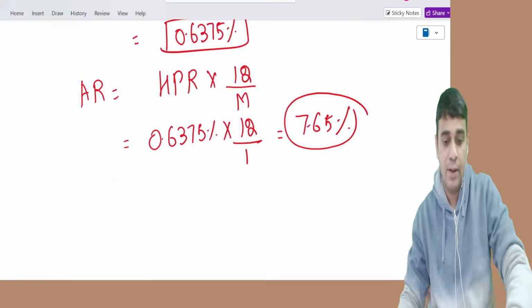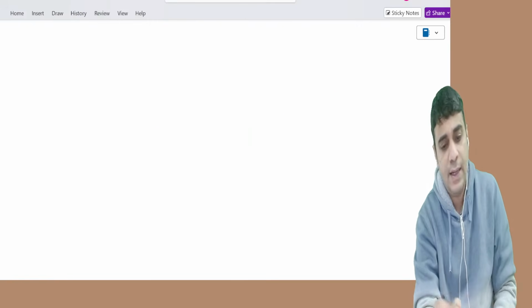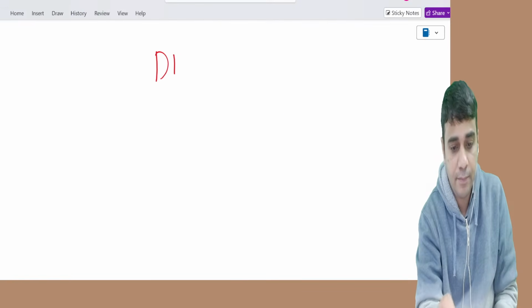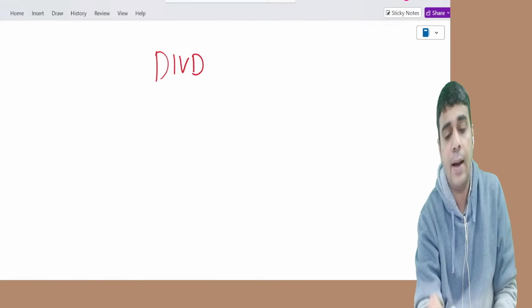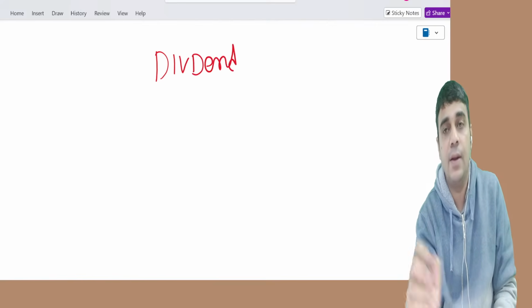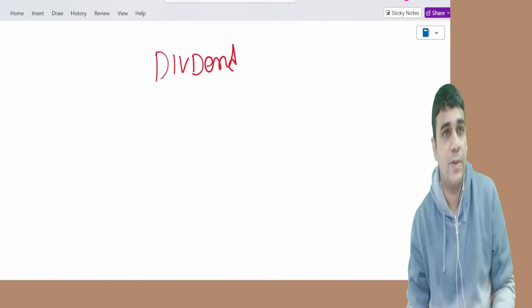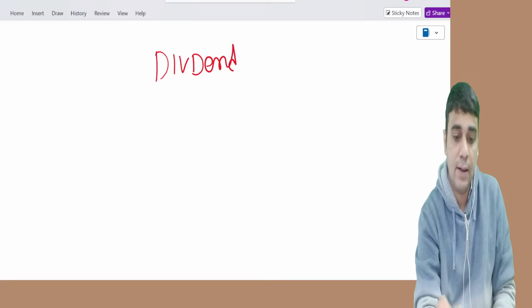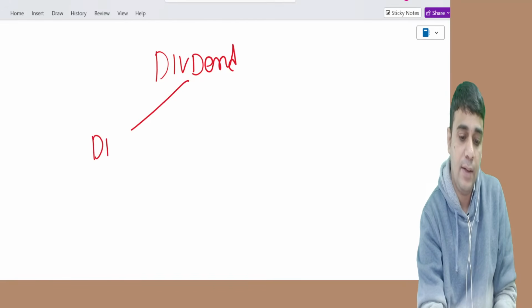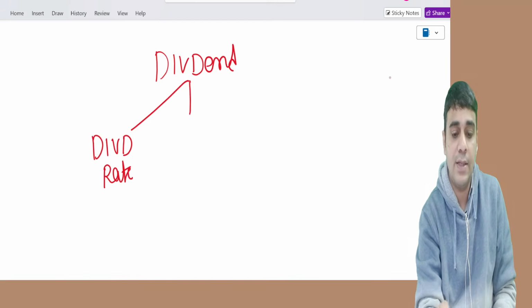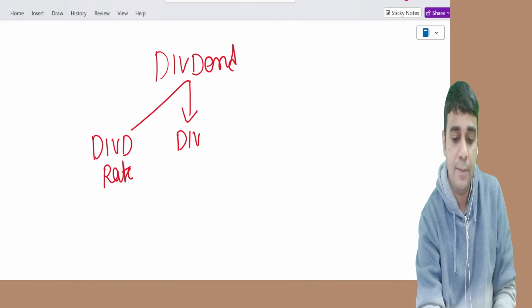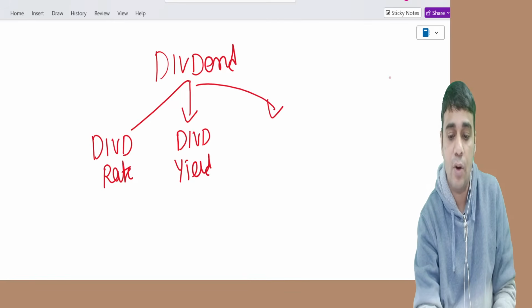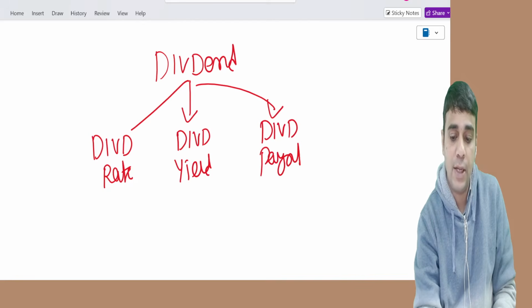Listen. Whenever a mutual fund or a company declares dividend, there are 3-4 terms related to dividend. There's a term called dividend rate, another called dividend yield, and another called dividend payout ratio.